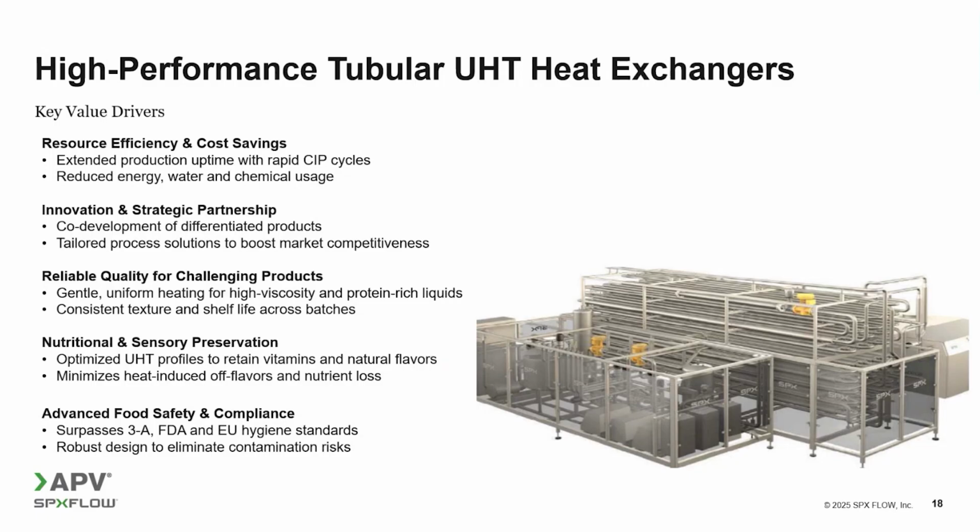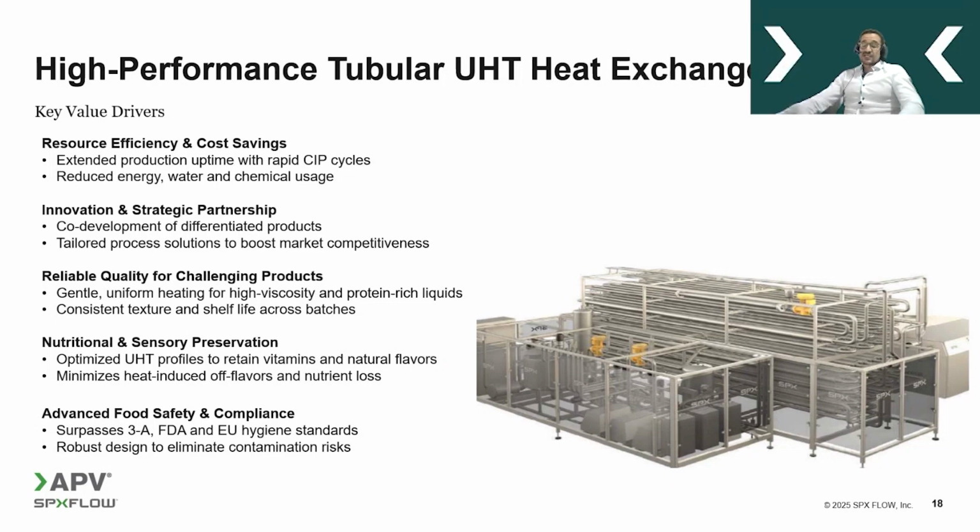Let me quickly walk you through the key benefits of our tubular UHT solutions. So firstly, the system is designed for longer production uptime. That is critical. We know that that is quite important for our customers. And we're able to achieve that thanks to the actual thermal calculation, the way that we are doing the design, how we are calculating the velocities of the product within the inner tubes, and the way that we're also doing effective CIP cycles.